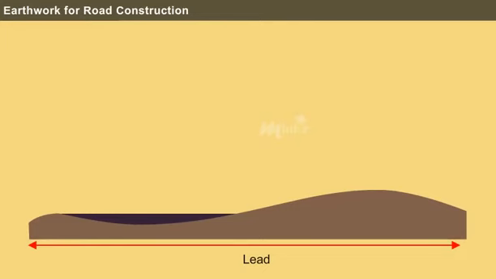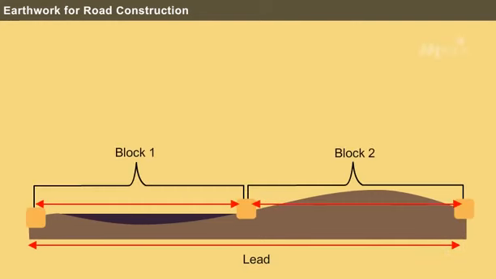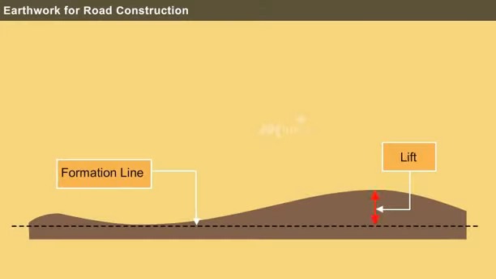In the field, for the measurement of lead, the area to be excavated and filled is divided into suitable blocks and the center-to-center distance of each block is taken as the lead. Lift is the vertical straight depth that is to be excavated along the formation line. Preferably, it is measured from the ground level.